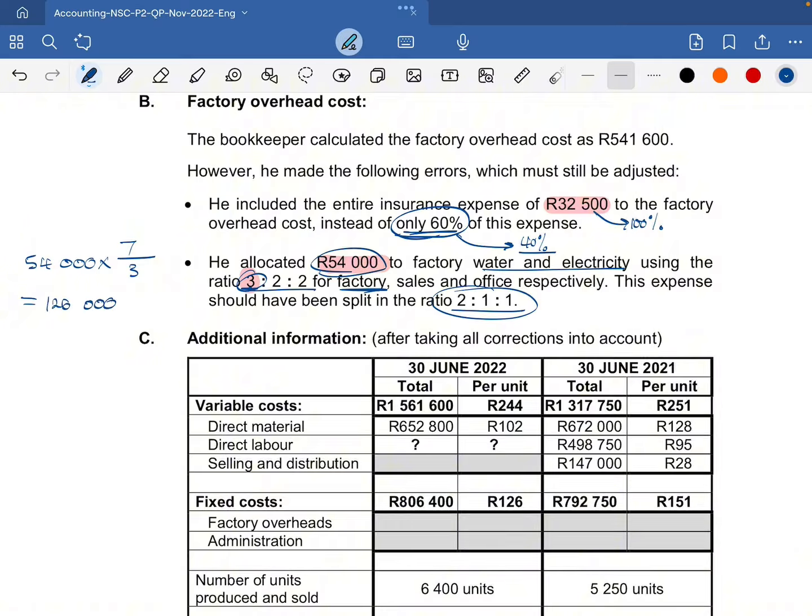Then we need to allocate these costs according to the correct ratio of 2:1:1. So we'll say 126,000 multiplied by 2 over 4 because this is 2 plus 1 plus 1. That's basically half, so it's 63,000.